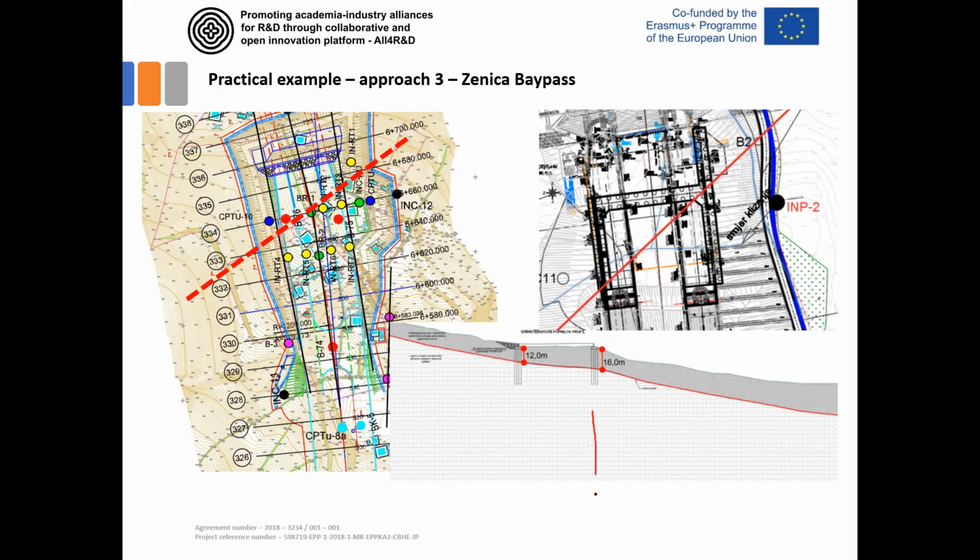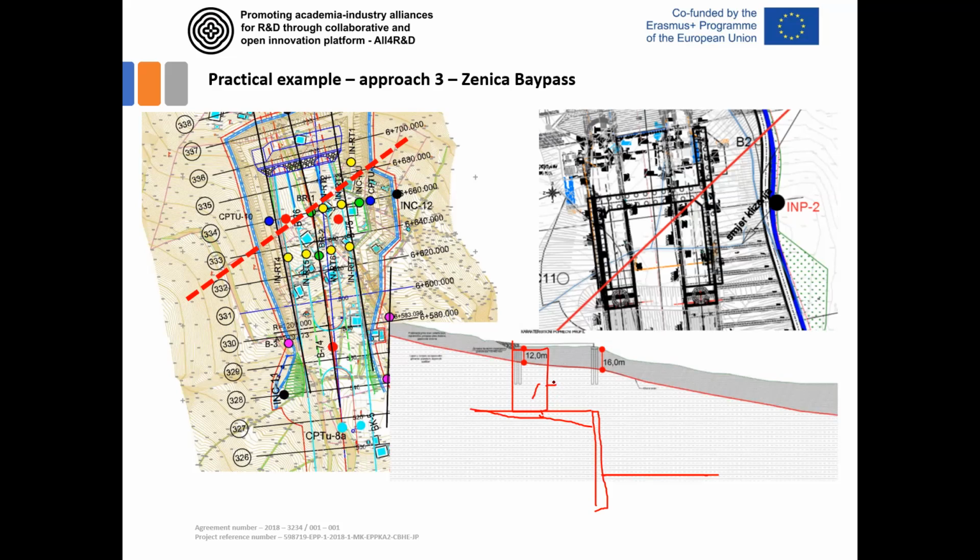For example, you are doing some deep excavation near an existing structure, like here, and of course you don't want this building to settle or have some cracks due to this excavation. It's very important that you are ready to apply a defined additional measure if observation confirms the problem.